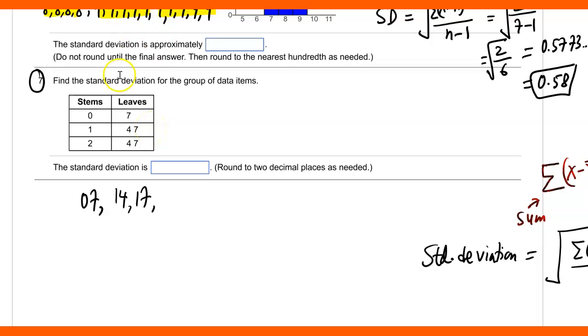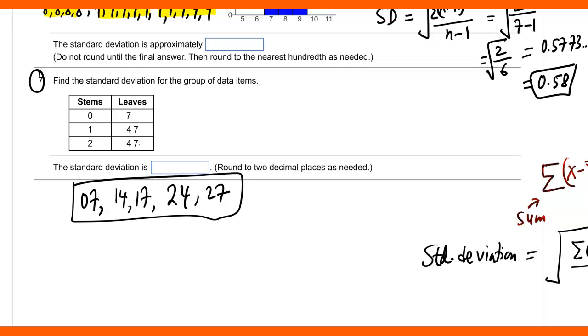Therefore, actually we have 0, 7 as one data item. 1, 4, 14, another data item. 1, 7, 17, another data item. 2, 4, 24, another data item. 2, 7, 27, another data item. Therefore, you have this data set from this stem and leaf plot. Notice that along the stem and leaf, you can find the data values.